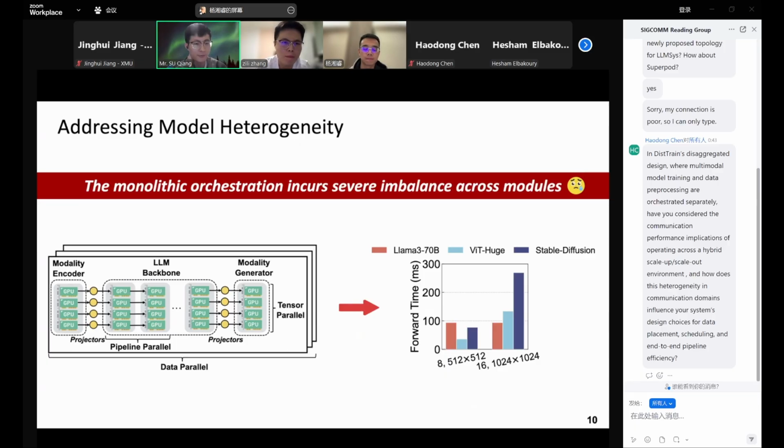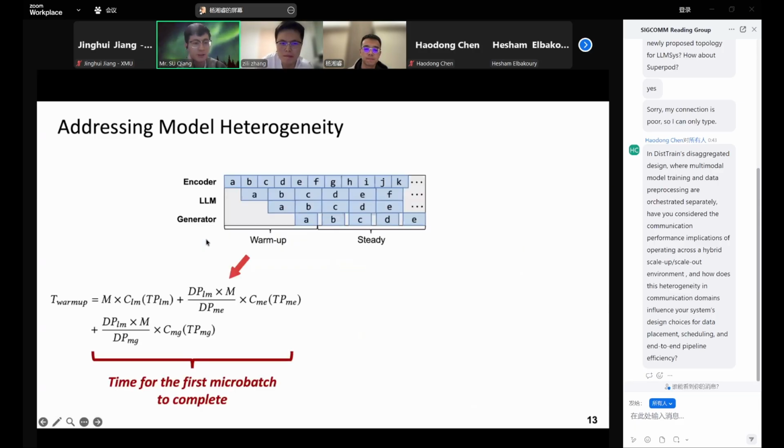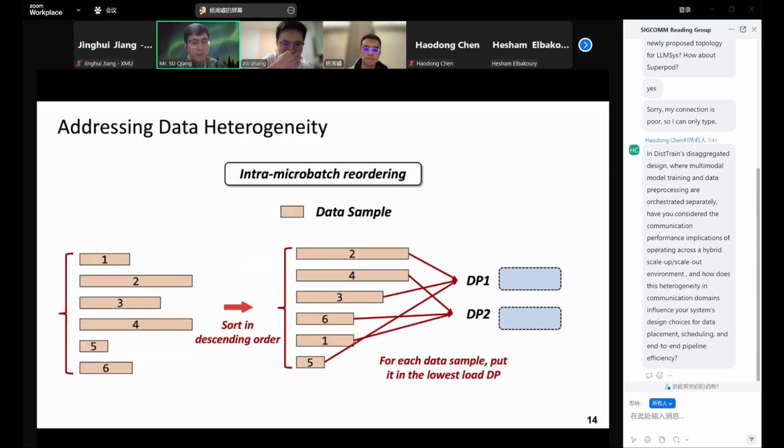I actually have one or two questions. The first question is about the reordering. Does the data reordering affect the final training accuracy? Actually, no. The data reordering is within one global batch size.